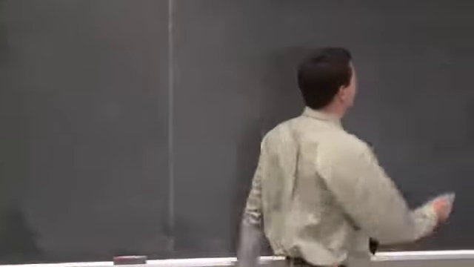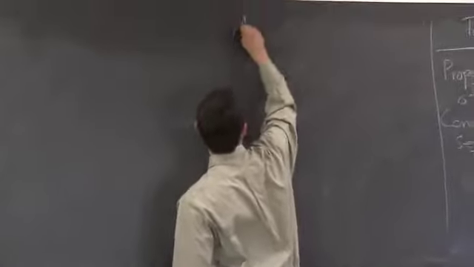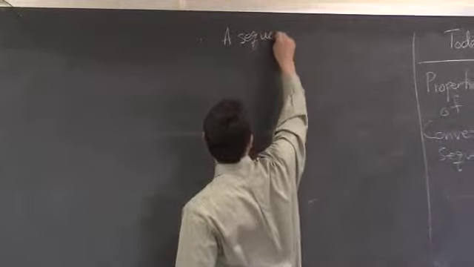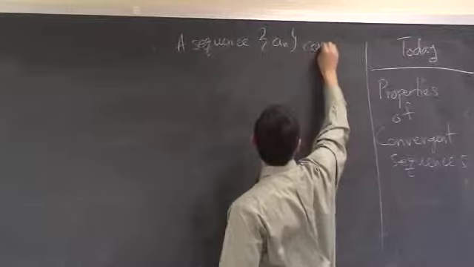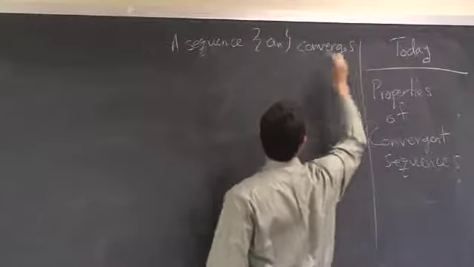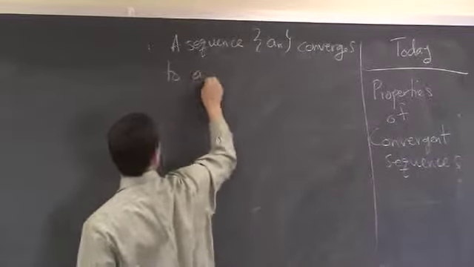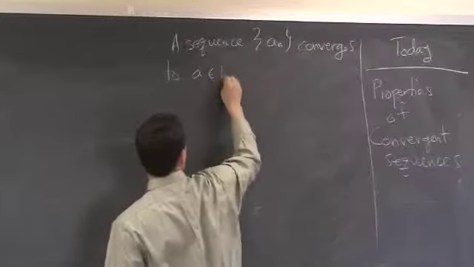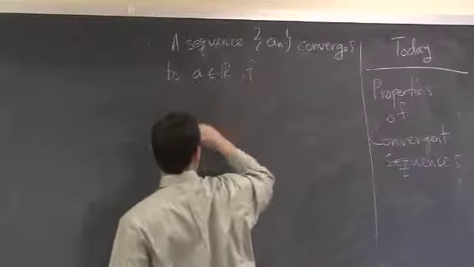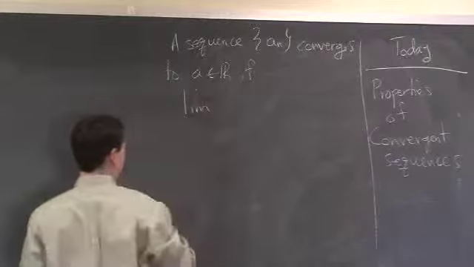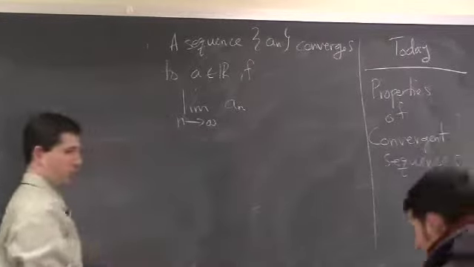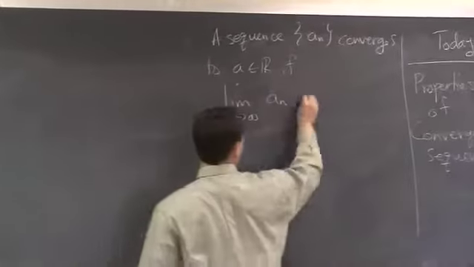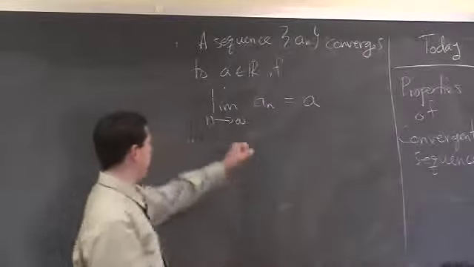So we wrote down that a sequence AN converges to A, some real number, if the limit as n went to infinity of the terms AN equaled A, and we gave a definition for this limit.